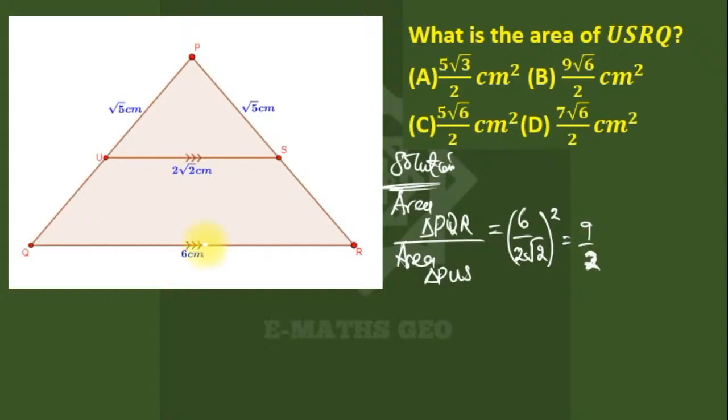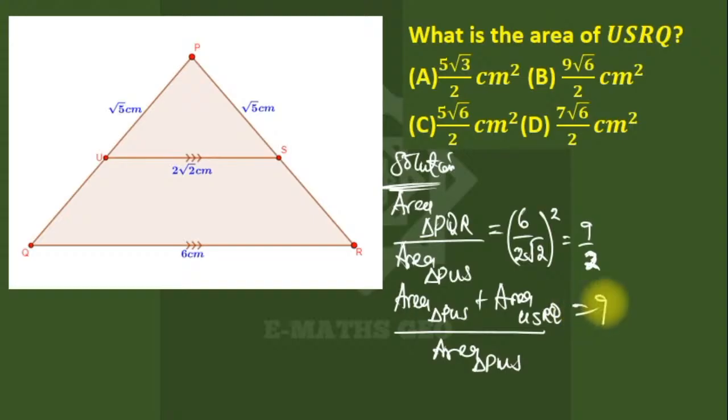Okay, but we're asked for USRQ, so I need to bring in USR. So I'll do the area of the big one, PQR. PQR is the small one, which is PUS, plus the quadrilateral UXRQ. So I've brought in PUS.